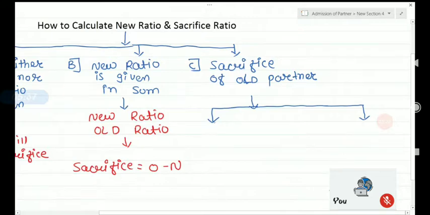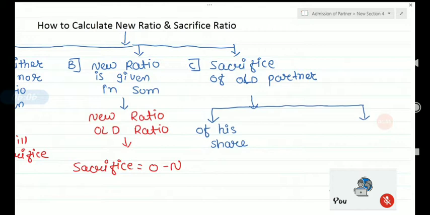Means a partner is sacrificing, say, 1 upon 2, 1 upon 3, 1 upon 4, 1 upon 5 of his share. And sometimes partners are sacrificing from the total share. See, two ways are there.